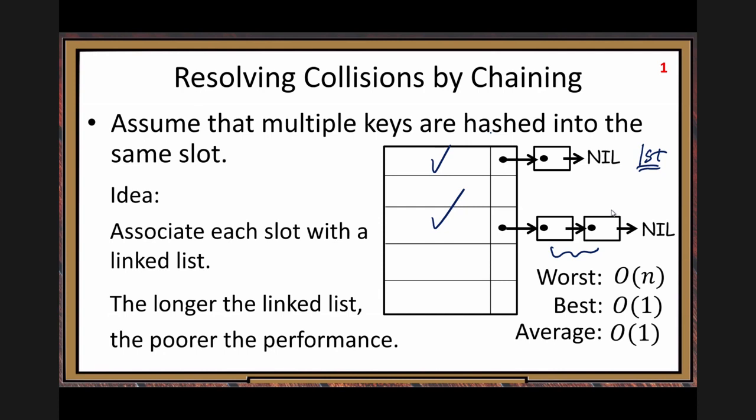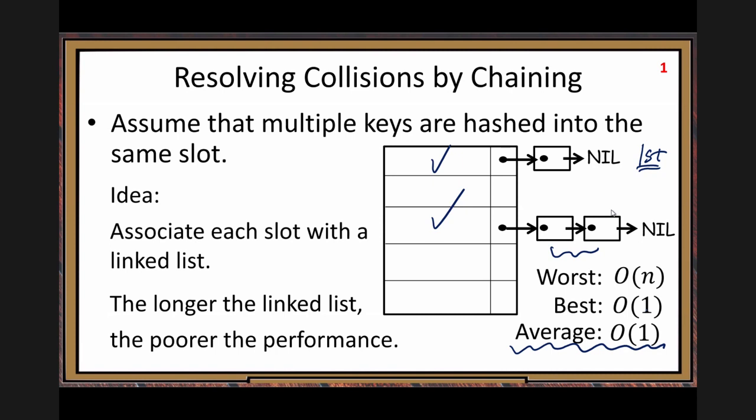It's impossible. But most of the patterns we can break. Then we can have the average case efficiency of big O of 1. That's the overall performance for the hashing technique.